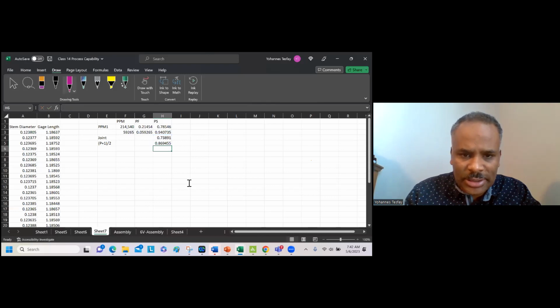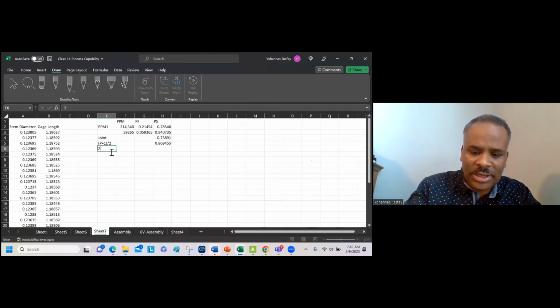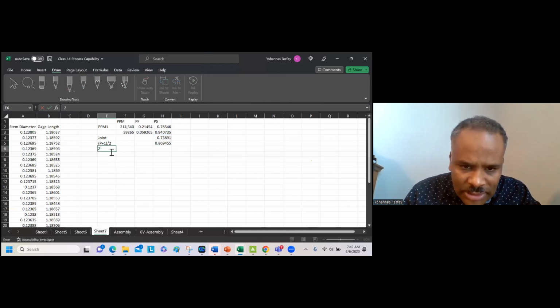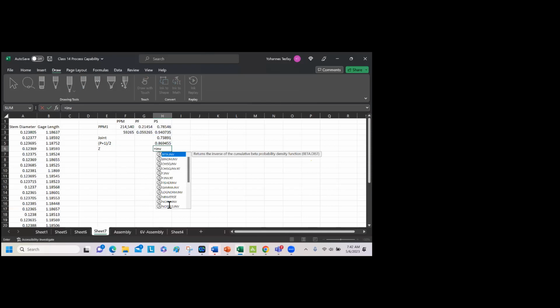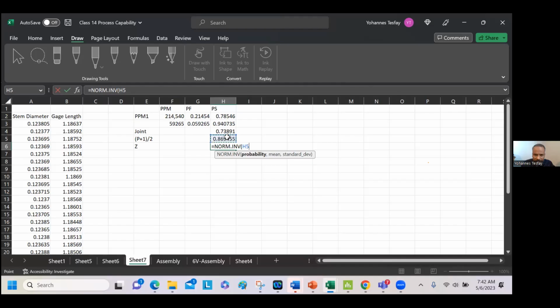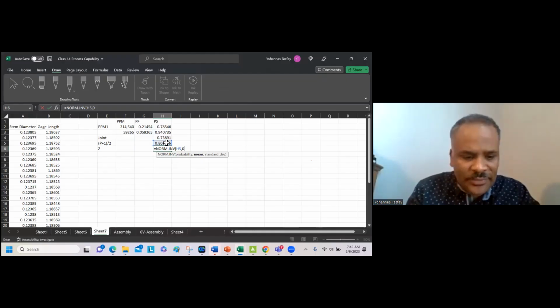Okay. Now, what is z? Z equals the normal inverse. You see, probability is this value, and the mean is 0, and the standard deviation is 1.